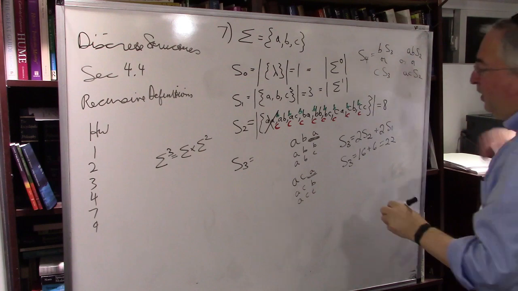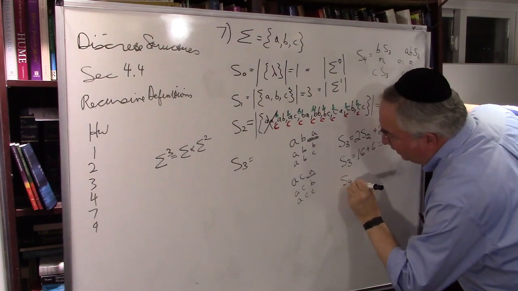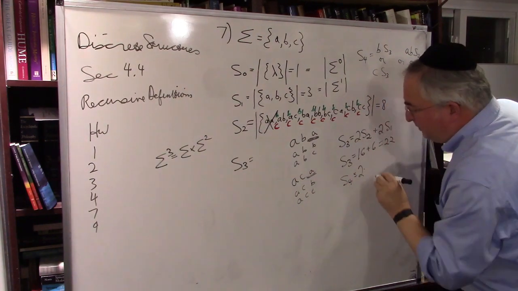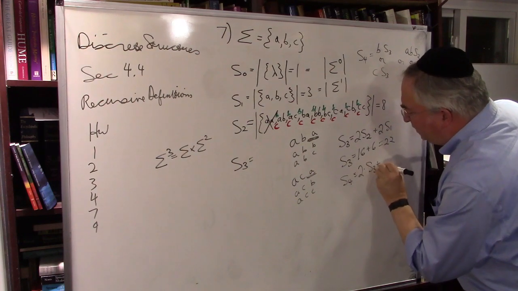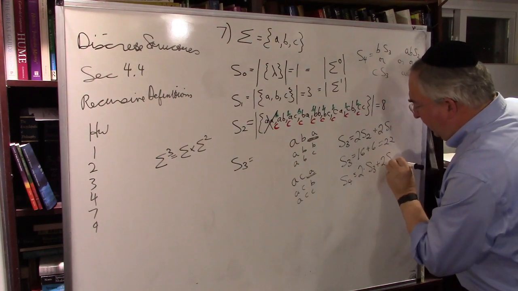So what we get is S4 is equal to 2 times S3 plus 2 times S2.